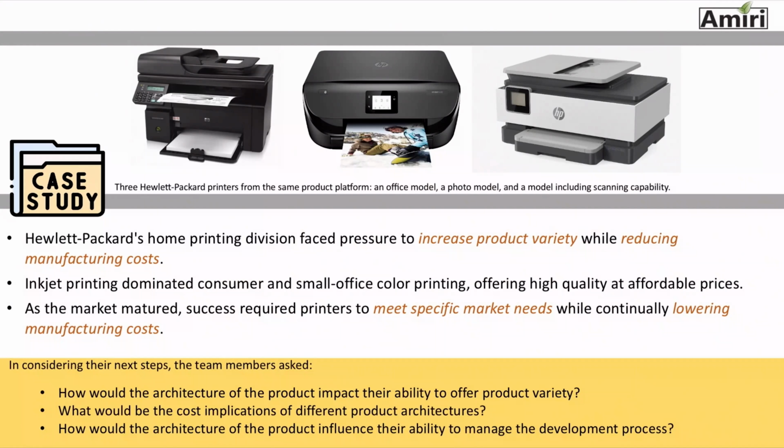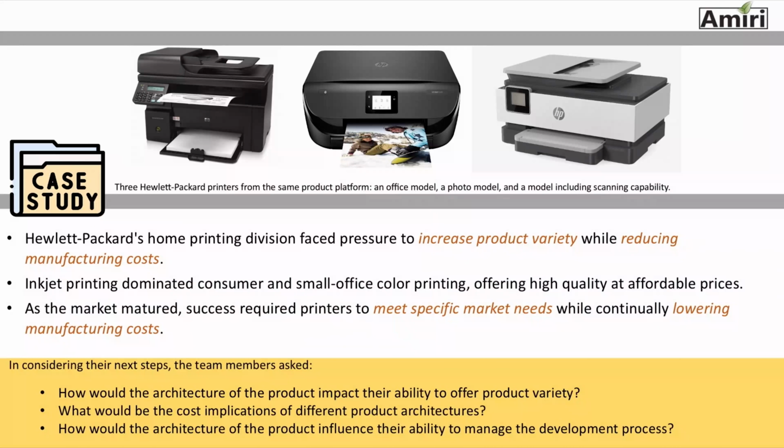Inkjet technology helped consumers and the small office markets by providing high quality, affordable printing. But as the competition grew, the success of these products depended on tailoring printers to specific market demands while continuously reducing production expenses. So that was the need for introducing new models and redesigning this product.